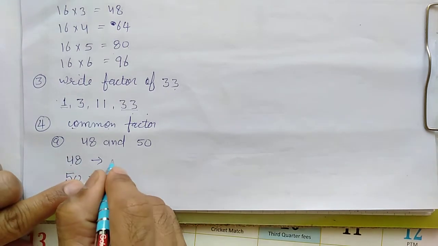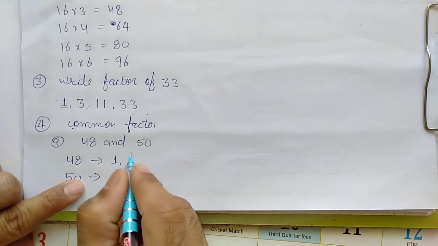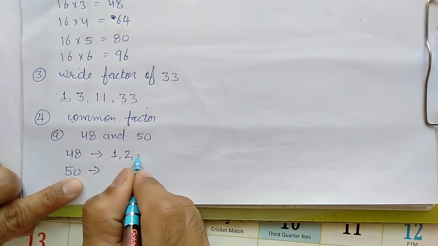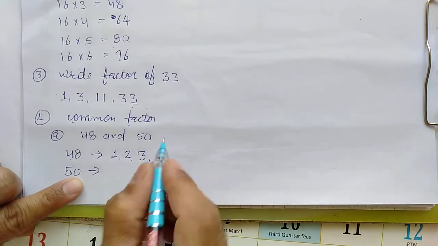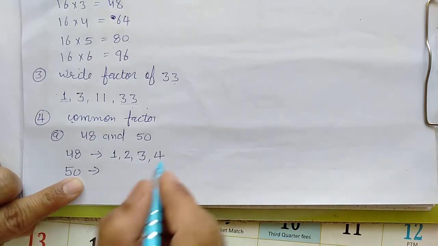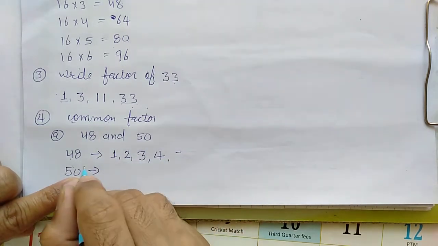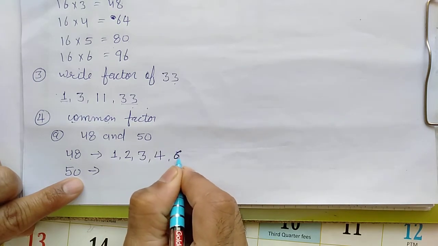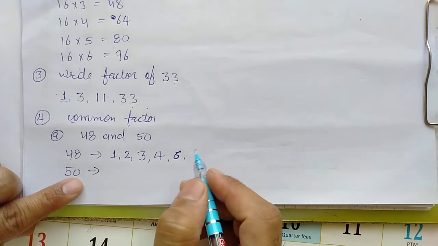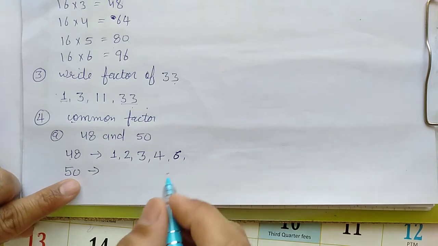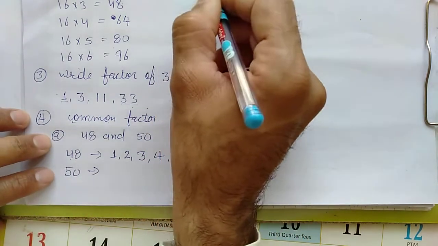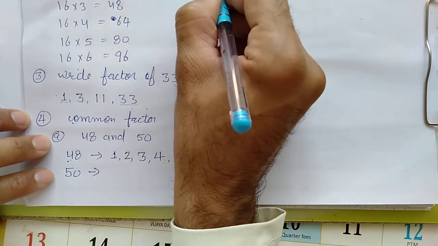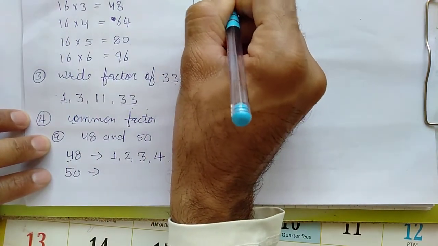Factors of 48 are, first factor is 1, second factor is 2, it is divisible by 3 also, by 4 also, by 5 it is not. It is divisible by 6 also. Easy way to find this: 48 is equal to 1 multiplied by 48.